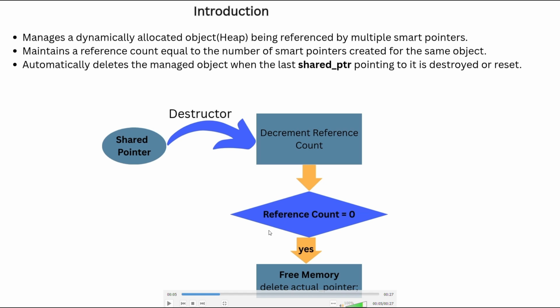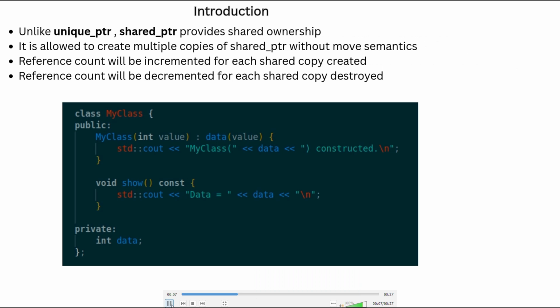It will wait until all the owners, all the shared pointer copies are destructed, meaning the reference count is 0. Once the reference count is 0, it will free the original object which is managed by it. So shared pointer, as the name suggests, is shared ownership. You can have multiple copies of shared pointer pointing to shared memory. We'll discuss in more detail.